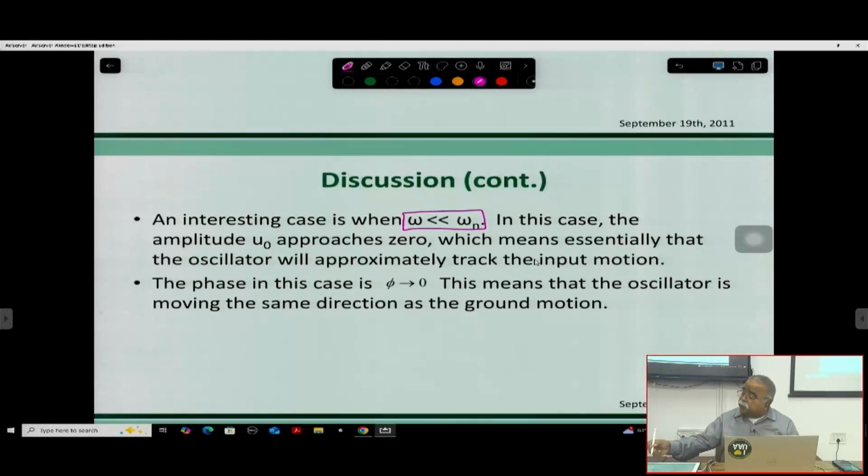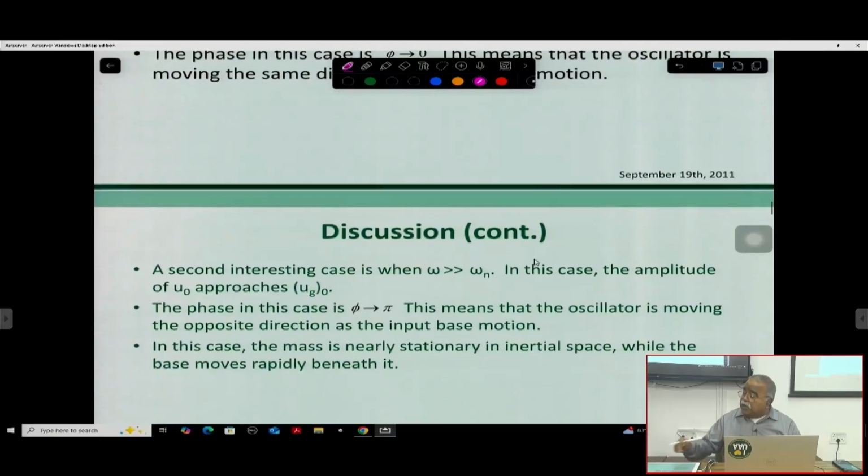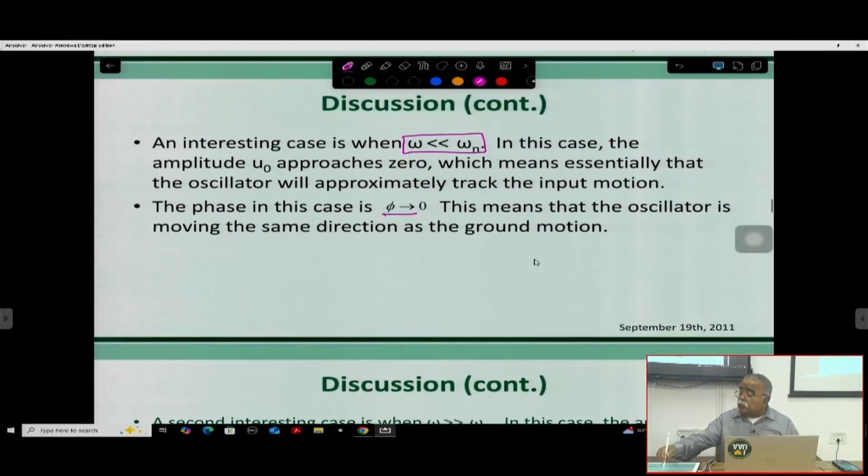So that means essentially that the oscillator will approximately track the input motion. If it is an oscillator, it will basically be moving with the ground. It will follow the ground motion because it has its own displacement, right? And the phase in that case will be equal to 0. So this is the case when omega is very, very less than omega n.